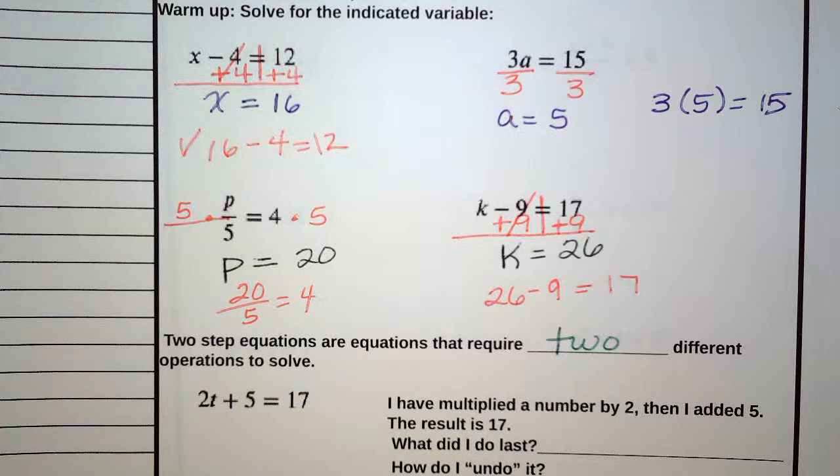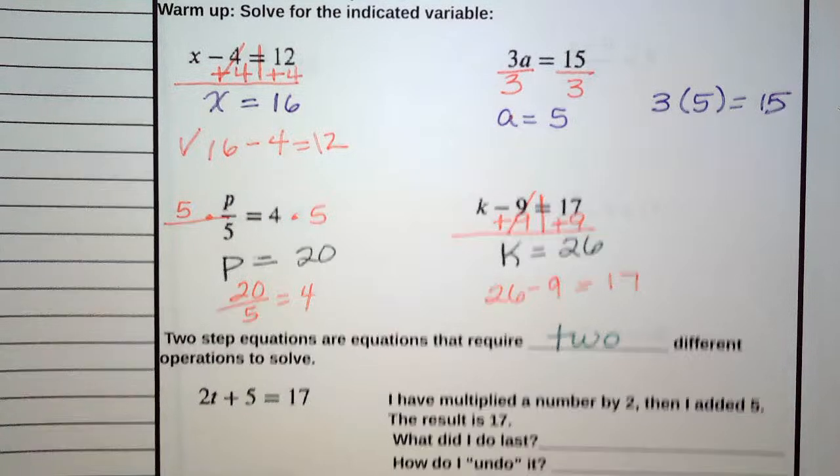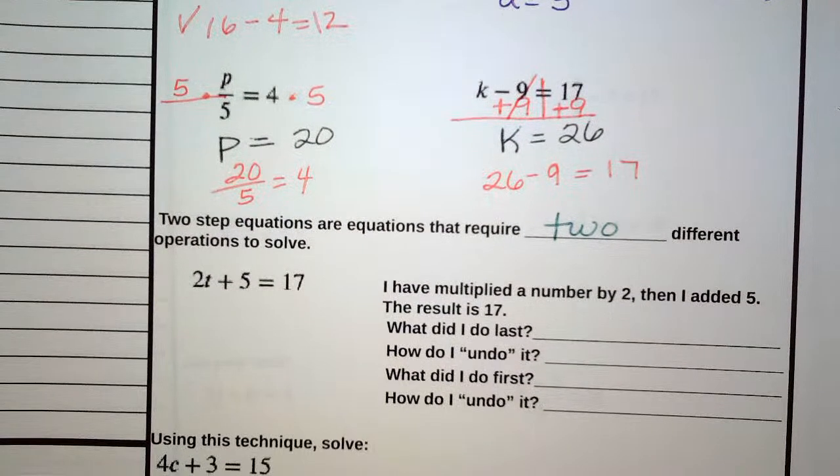So as we're looking at this, the first thing we're going to do is read the equation. It will tell us, if we're listening to ourselves, what operations have happened and in which order.